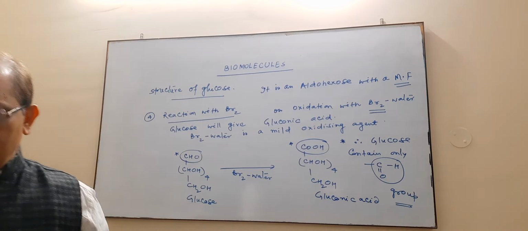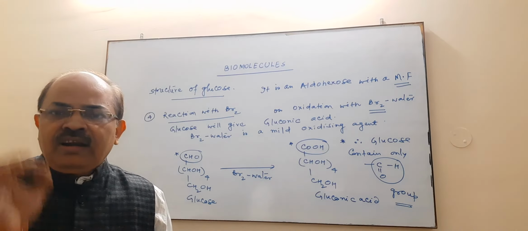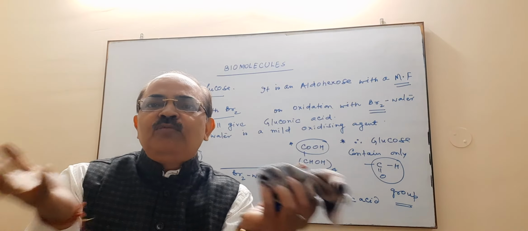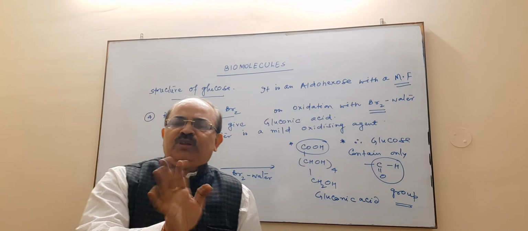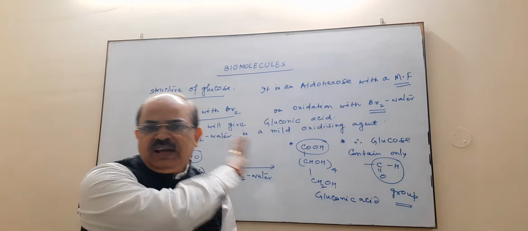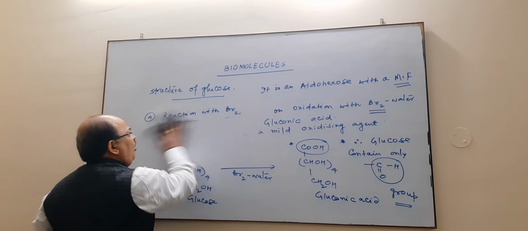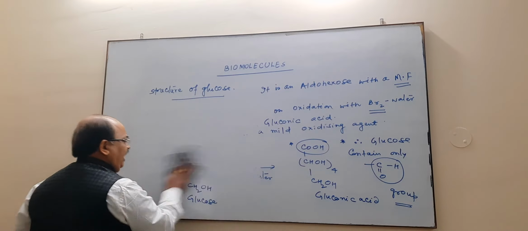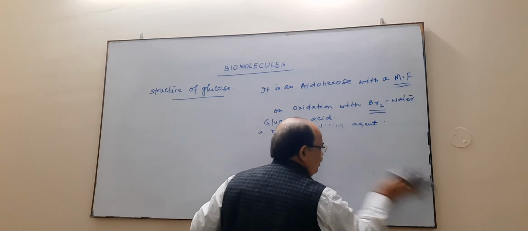So that is also one of the main points, that it contains 5 OH groups. भाई इसके कंटेक्स्ट में, इसके सपोर्ट में तो आपने कोई रिएक्शन अभी किया नहीं. So let us discuss how we can say that glucose contains 5 OH groups.